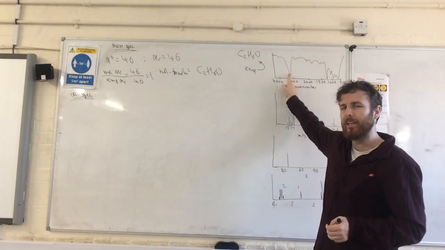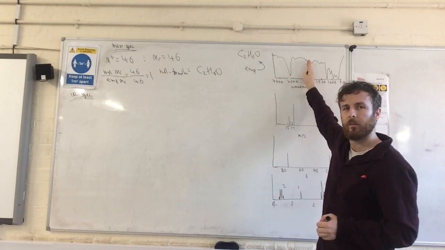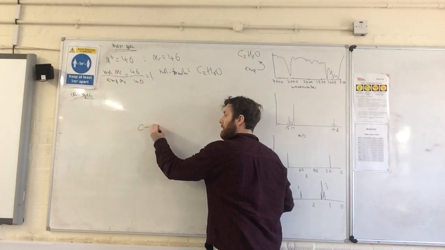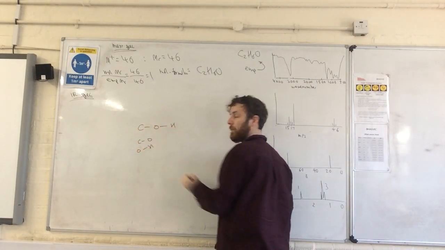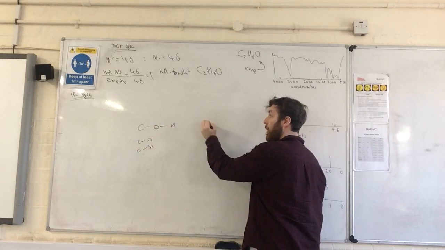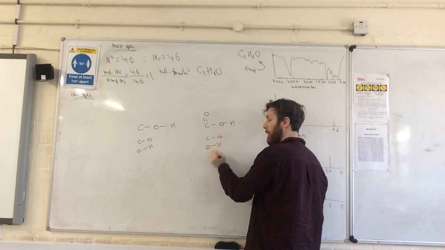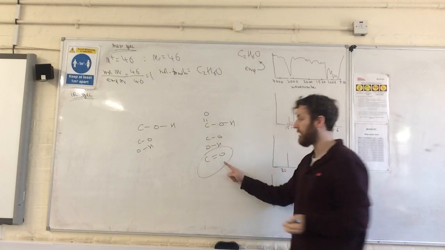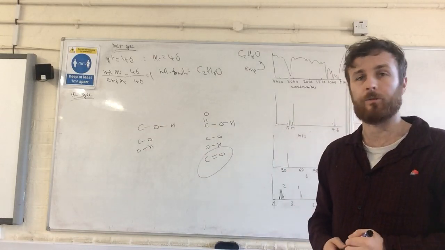Well, we're really weirdly going to look for a peak at about 1,700. So if it was an alcohol, I would have a CO and an OH. If this OH was a carboxylic acid, I'd have a CO, an OH, and a COO. And COOs crop up at about 1,700.